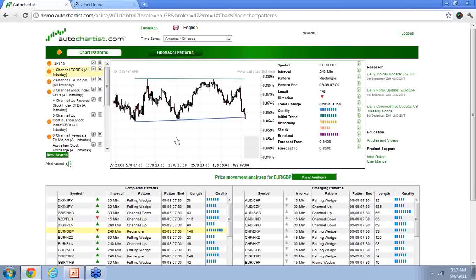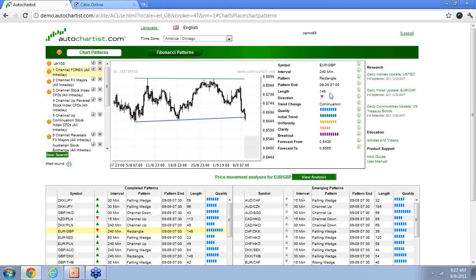So we're looking right now at a Euro British Pound, and again, it's a 240 minute, which is a very good time period to work with, and you also have 148 bar candlestick length, which, as I said before, is important.